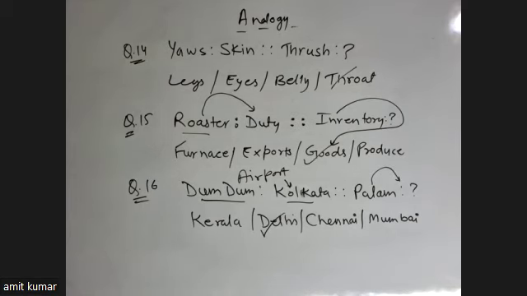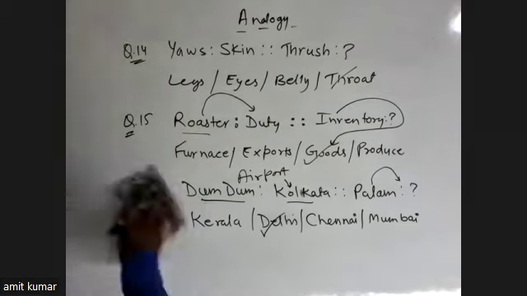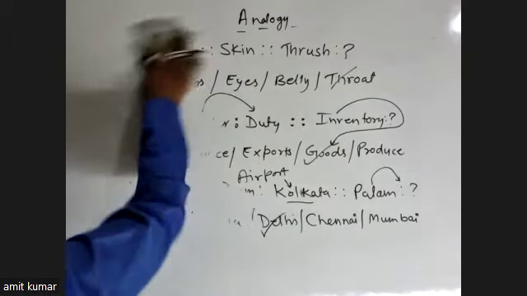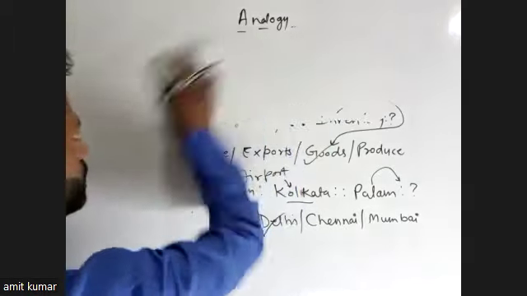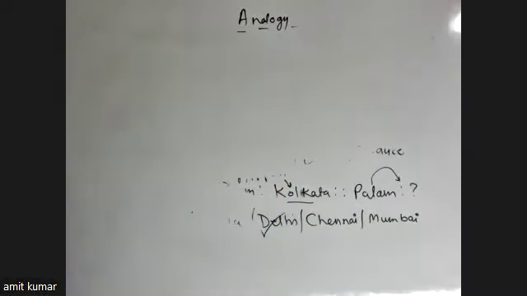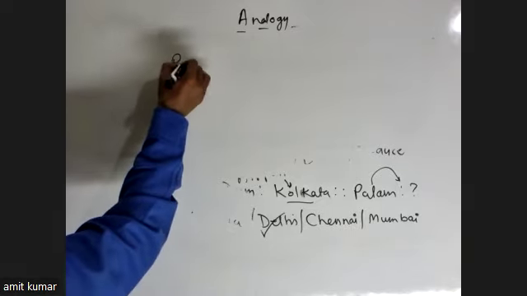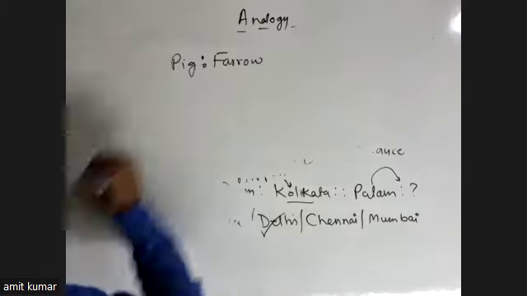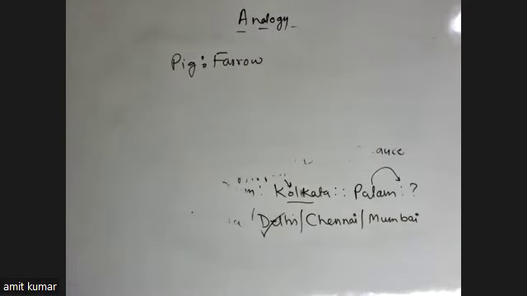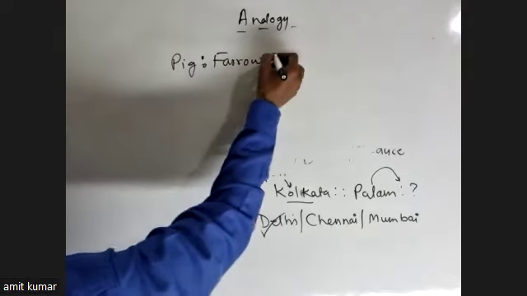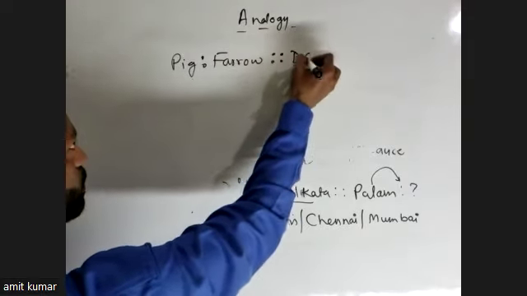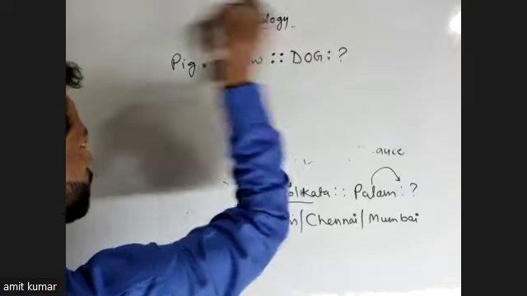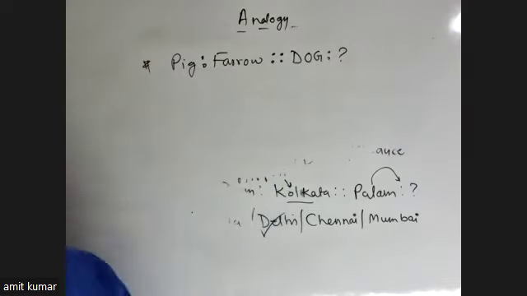Very good. Let's try. This one is a little bit interesting. Pig is related to, tell me the answer. Pig is related to pharaoh. Similarly, dog is related to what? Try.